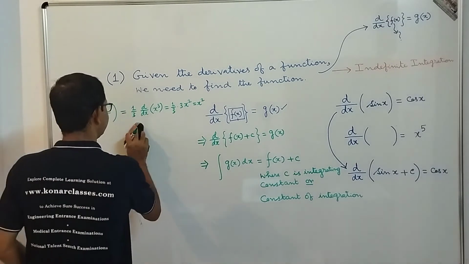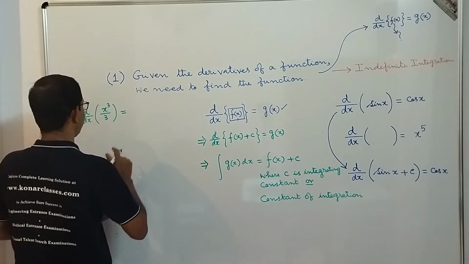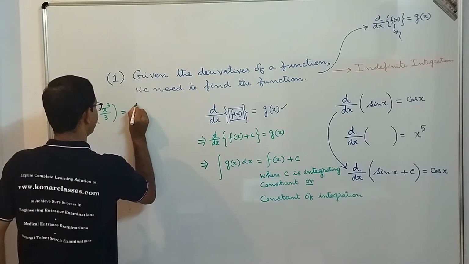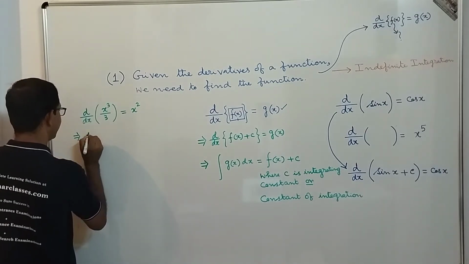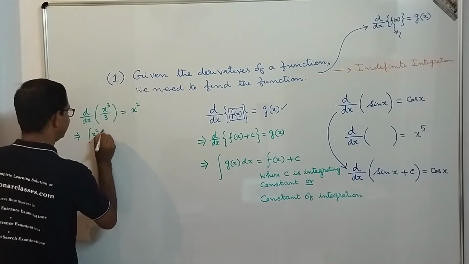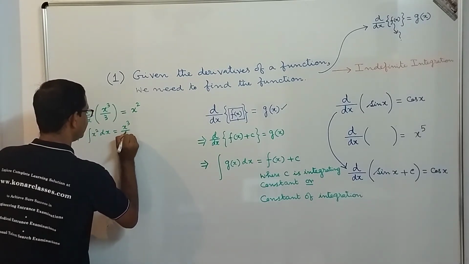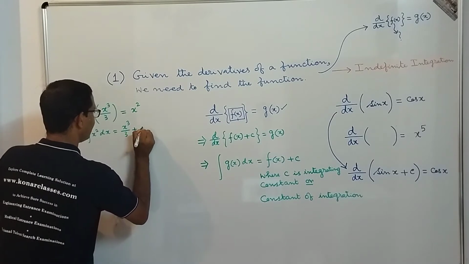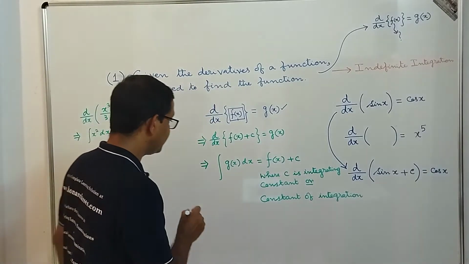So the d/dx of x cube by 3, you can directly write, is equal to x square. So from here, dear students, the integral of x square dx is equal to x cube by 3 plus c, where c is the integrating constant.